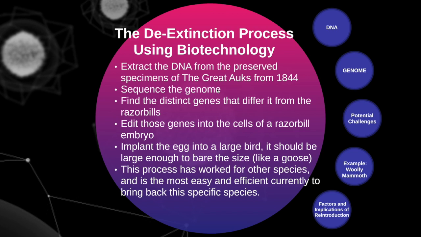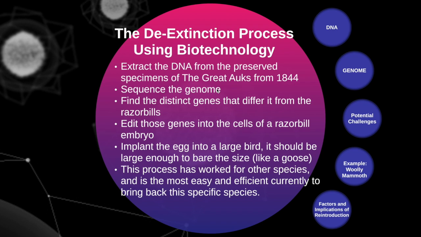And I feel like the two distinct genes that we're going to have to add into the razorbill's embryo would be their flightless gene and their size gene. So they're way bigger than razorbills. Then we would take the razorbill embryo and implant it into a large bird.